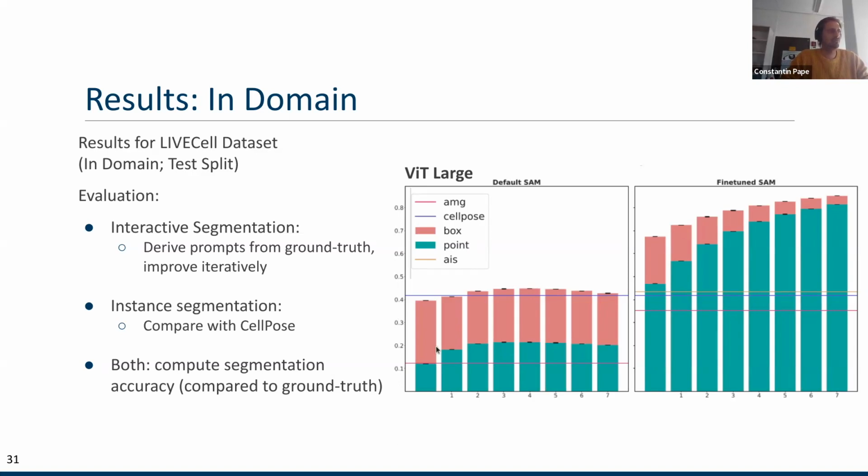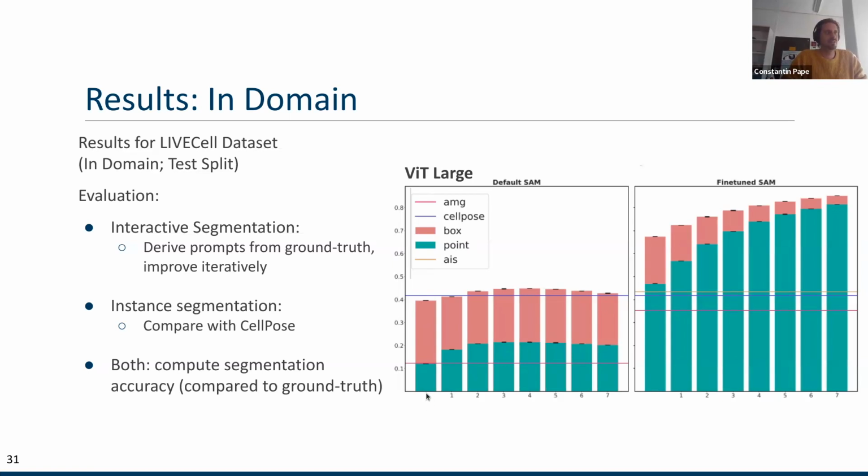The leftmost bar means we either just derive a single point from the ground truth object, the green part, or we derive the bounding box from the ground truth object, give it to the model, segment the mask, and then compare the mask back to the ground truth. Then in these further iterations, we sample additional points in order to correct the predictions of the model. So this simulates what a human would do in practice to correct the model.